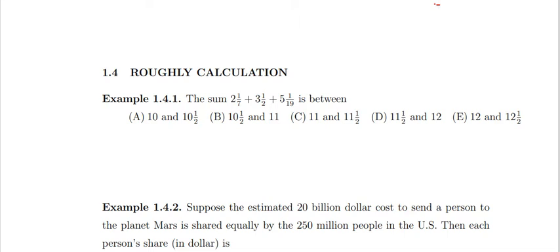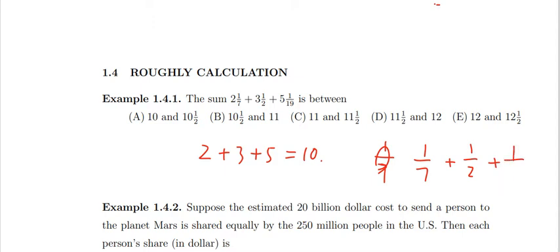At first the integer part, 2 plus 3 plus 5, which is 10. So this number is just a little bit larger than 10. Then 1 over 7 plus 1 over 2 plus 1 over 19.